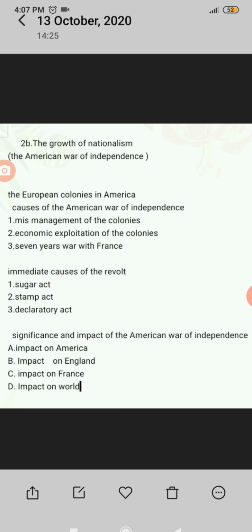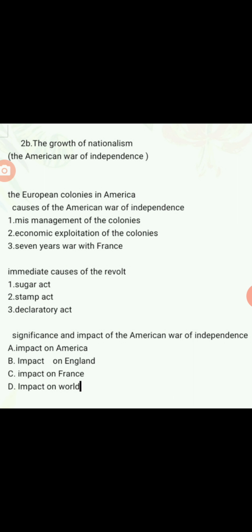Whenever the British leaders started to pressurize the Americans, the economic and political condition of the Americans started to collapse, and the harmonious relations between Britain and the colonies became increasingly tense. Means what?